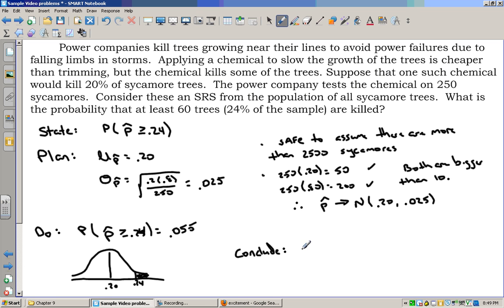We can conclude that there is a 5.5% chance that at least 60 trees are killed.